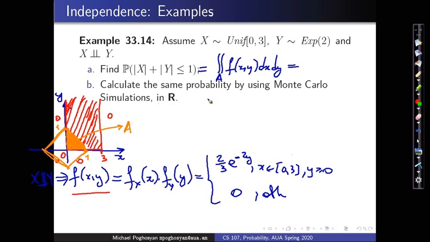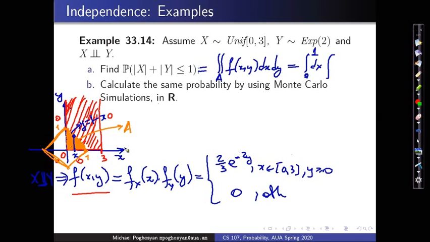It remains to write the iterated integral form to calculate this integral. In this region A, x is moving from 0 to 1, dx. For each x, if I fix x here, then y is moving from 0 to this line, whose equation is y equals 1 minus x.